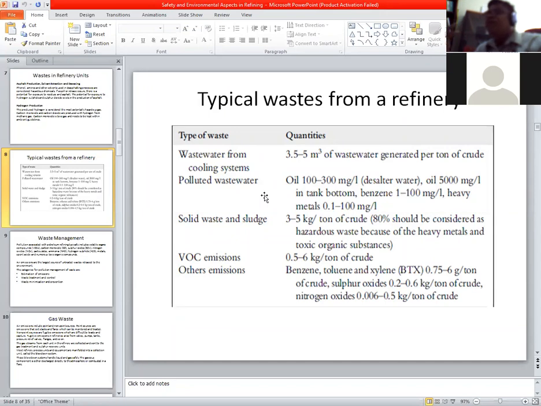Water can be contaminated due to chloride, ammonia, metals such as lead, or arsenic, etc. Solid waste is sludge or the spent catalyst. This is also a huge amount of solid waste, spent catalyst, I mean, which is no more usable.